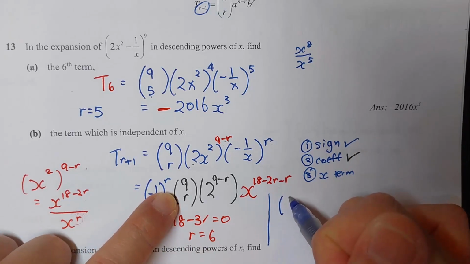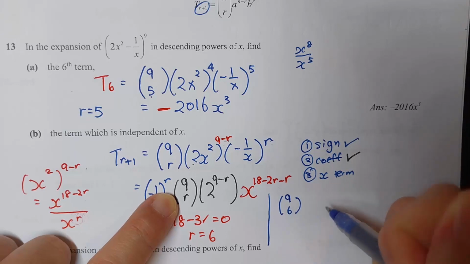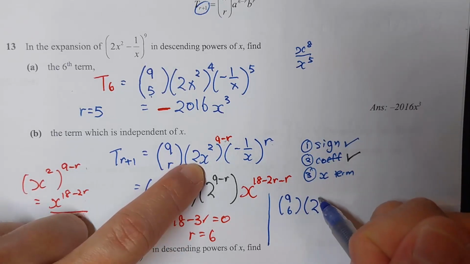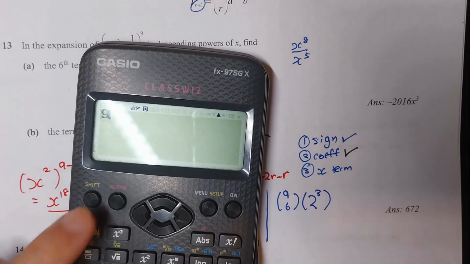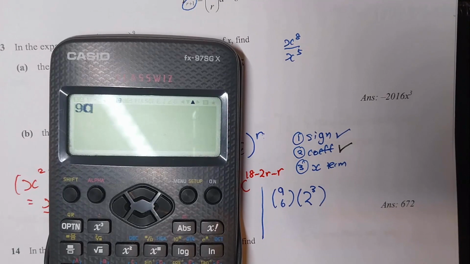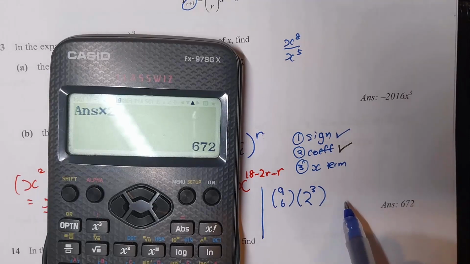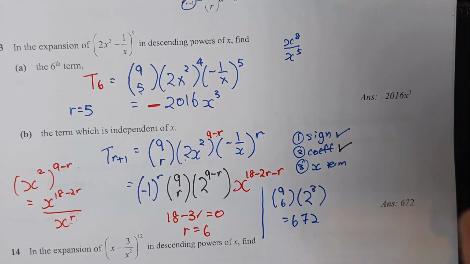And I will have 9 choose 6 multiplied by 2 power 9 minus 6, which is 3. So you just press 9 choose 6 multiplied by 2 cube, which is 672. And therefore the answer is 672.